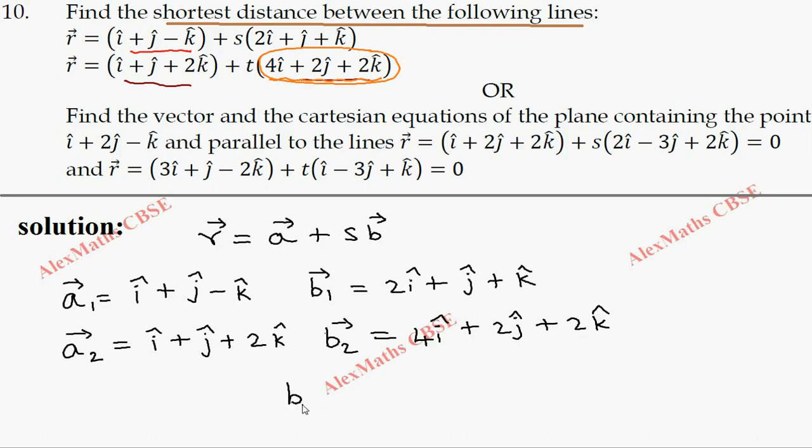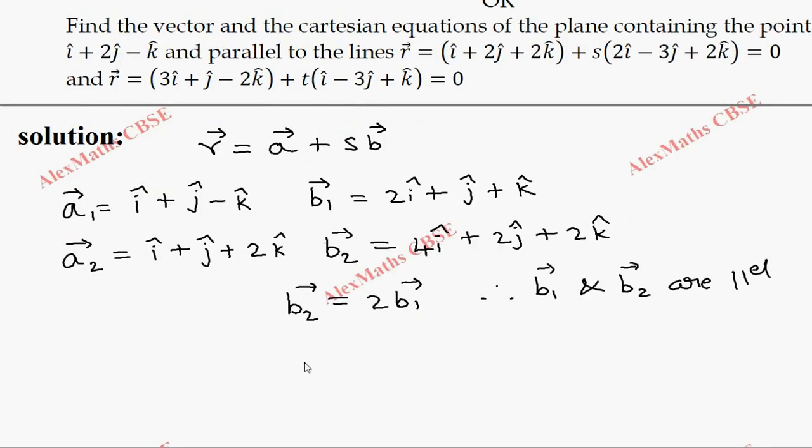We notice B2 vector equal to 2 times B1 vector. Therefore, B1 and B2 both vectors are parallel. So we will take the simplest one and take it as B vector. So B vector equal to 2i plus j plus k. Instead of B1 and B2, we take it as B.